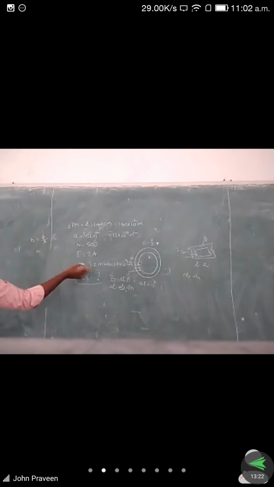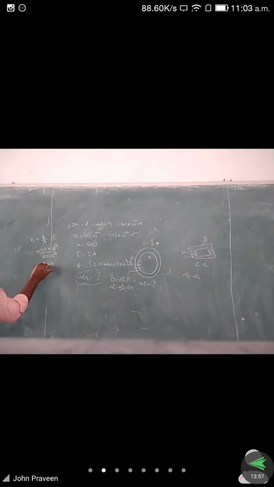So B is equal to phi by A. What is the phi value? 1.2 into 10 to the power of minus 3 by the area, 12 into 10 to the power of minus 4. If simplified, the B value we are getting is 1. 10 to the power of minus 3 and 10 to the power of minus 3 get cancelled.